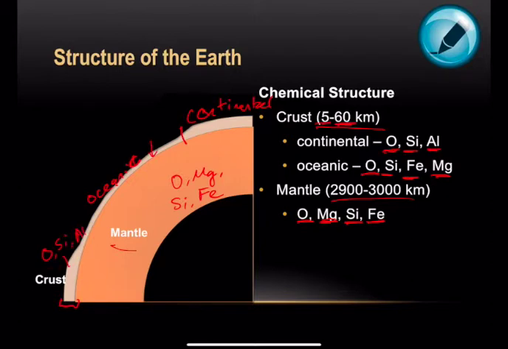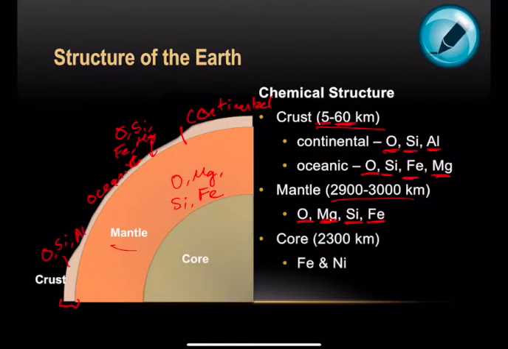And the oceanic crust is going to be oxygen, silicon, iron, and magnesium. We're going to go down one more layer, and the chemistry is going to change one more time. This chemistry is made only of iron and nickel. All right, so we've got 3 different chemistries. There's other elements in the crust, there's other elements in the mantle, but in the core, we primarily only have iron and nickel. Different elements for different layers.